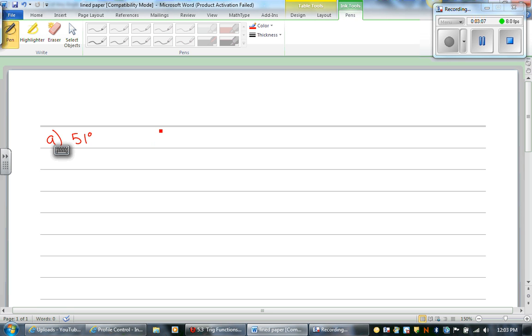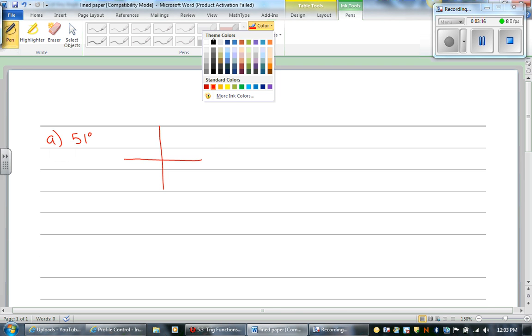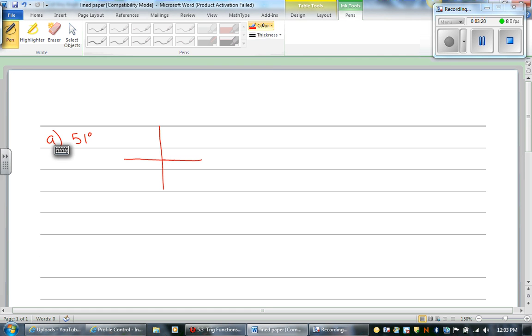So 51 degrees, if I were to draw a rotation diagram for this, the rotation diagram is simply a sketch of the angle itself. Here's my initial ray along the x-axis, in standard position with its vertex at the origin. And 51, I know, is a little more than halfway between my x and y axes. Okay. So here's 51 degrees.